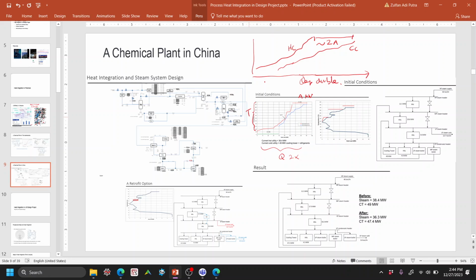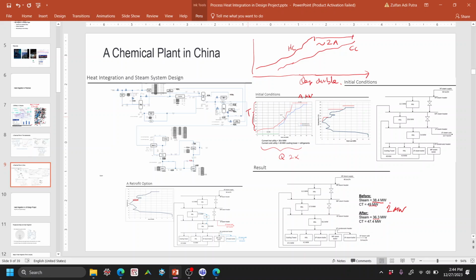By the end of the study, before, meaning the base case, we double the capacity, we calculate the heat energy balance, and then we get this targeting 38 megawatts and 49 megawatts for the cooling tower. And after we do the heat integration, instead of 38, we go down to 36.3. So it's only like 2 megawatts difference.